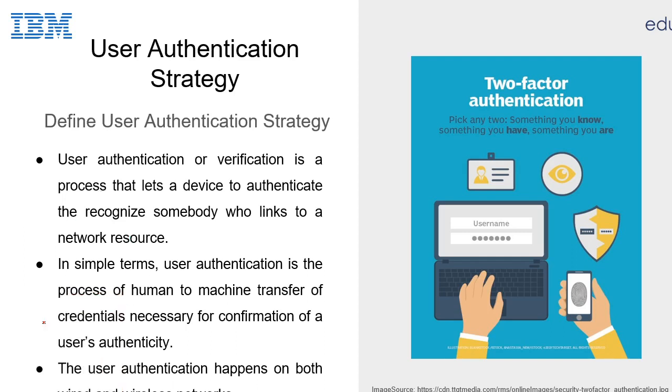So, user authentication or verification is a process that lets a device authenticate and recognize somebody who links to a network resource. So authentication is nothing but a verification that recognizes somebody as an authenticated person to access a particular network resource in a network.